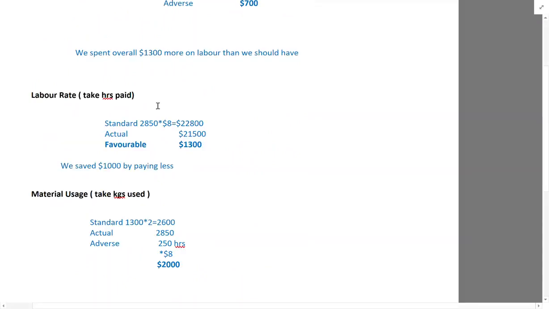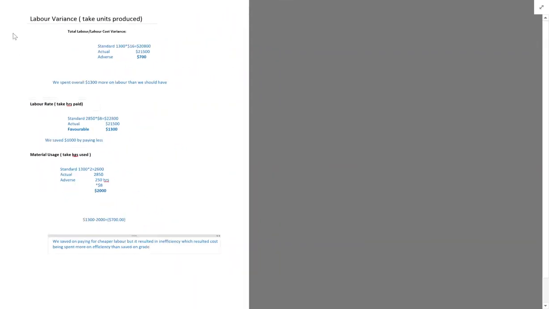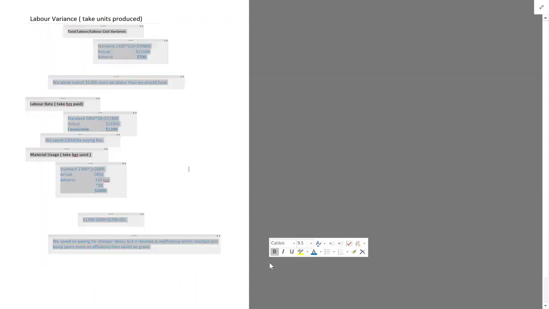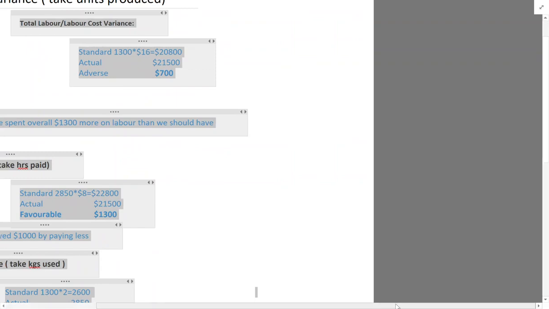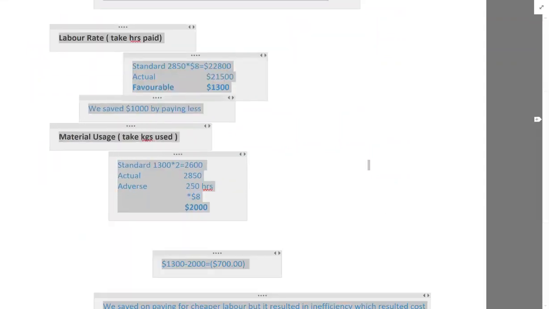Labor or variable overheads is very similar to this. So in F5 level, you need to understand linking variances is important. Okay, they will ask you why is total variable, why is it adverse? Then you have to give comment. Okay, so comment like this.